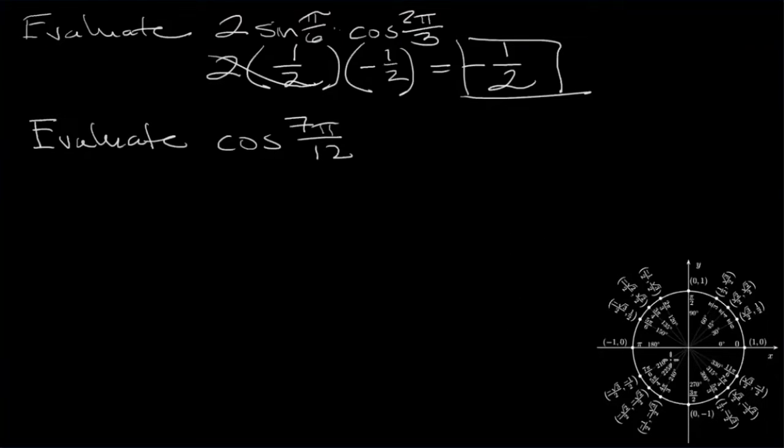If you go find 7 pi over 6, which is right here, that is a nice angle. And so that angle right there, 7 pi over 6, well, 7 pi over 12 would be half of that. So if I took that angle, divided it in half, I'd end up about right here. I know that may not look like half, but that's where it is.